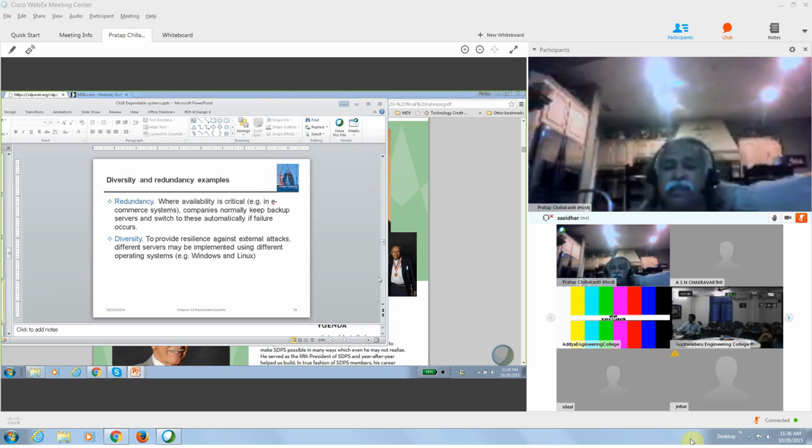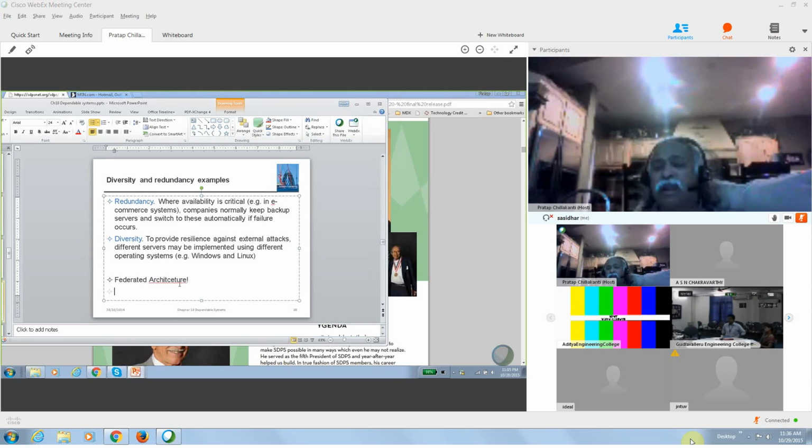What it means is, in one sense, you can Google a federated architecture to get more knowledge about that.